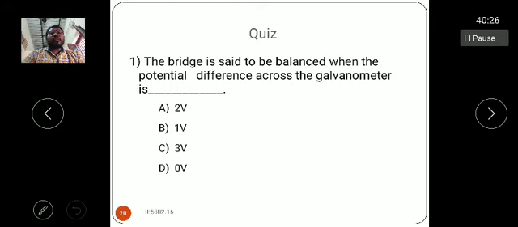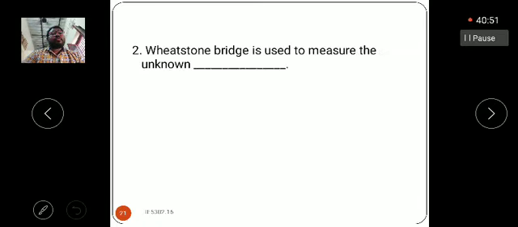The potential difference must be 0 volts only, because when the potential difference across the galvanometer is 0, the current passing through the galvanometer is also 0, and then the circuit is balanced. If the circuit is balanced, then we can calculate the unknown component. That's why my answer is 0 volts.